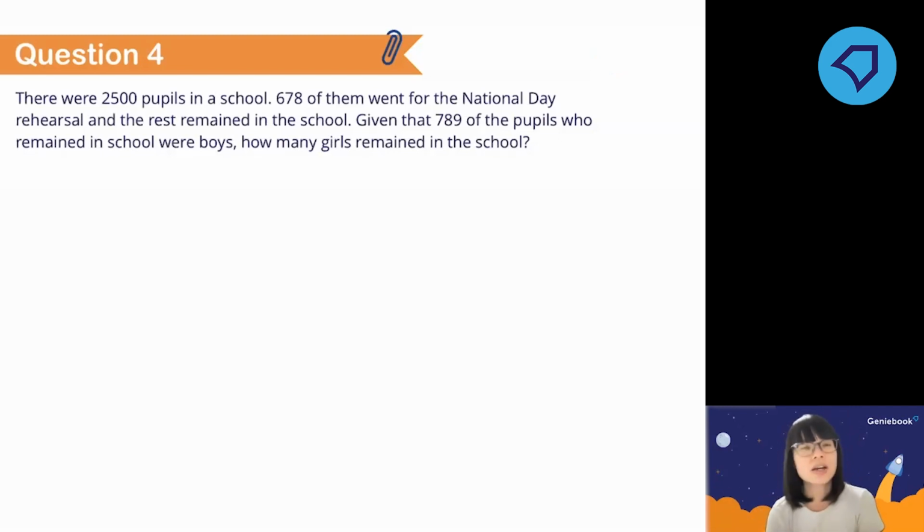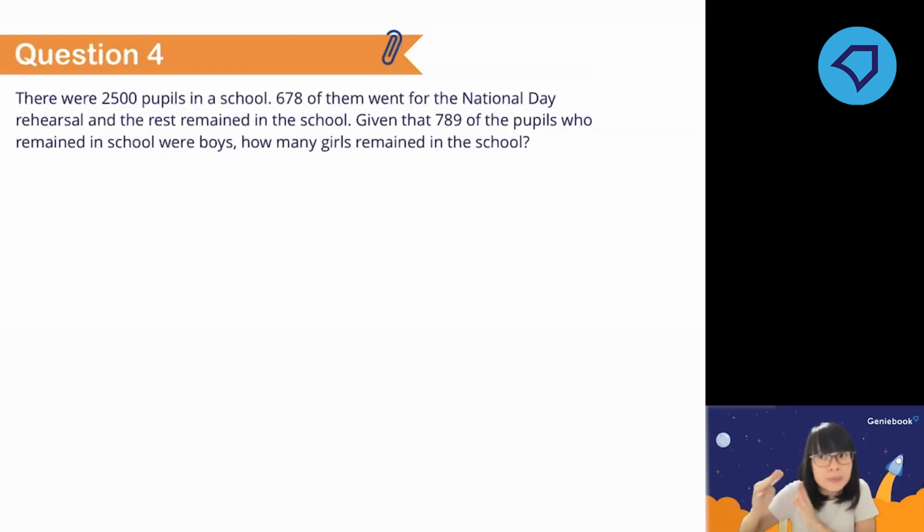Suchan, excellent job. You want to add them together? Well, we can add them and then we can do subtraction, or based on the statement itself, I'm going to do statement by statement, okay? So if there were 2,500 pupils in school, 678 of them went for the National Day. The rest remained in school.